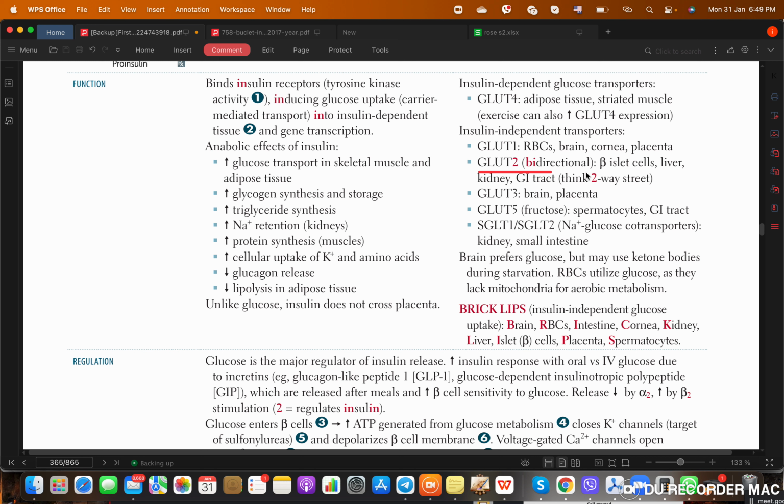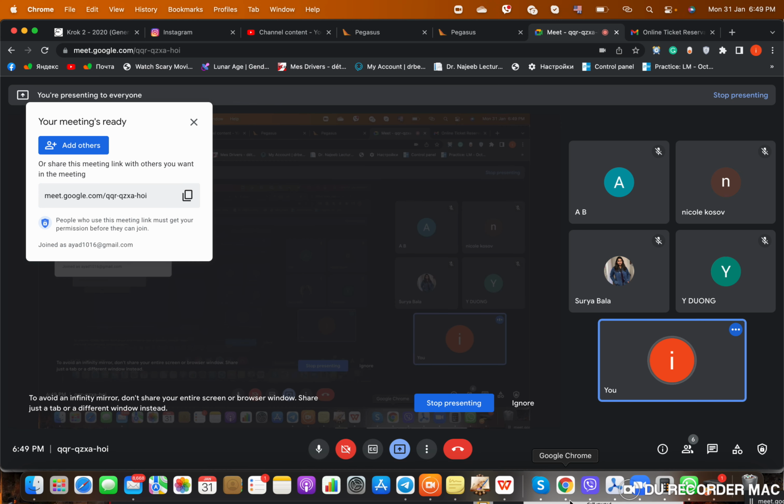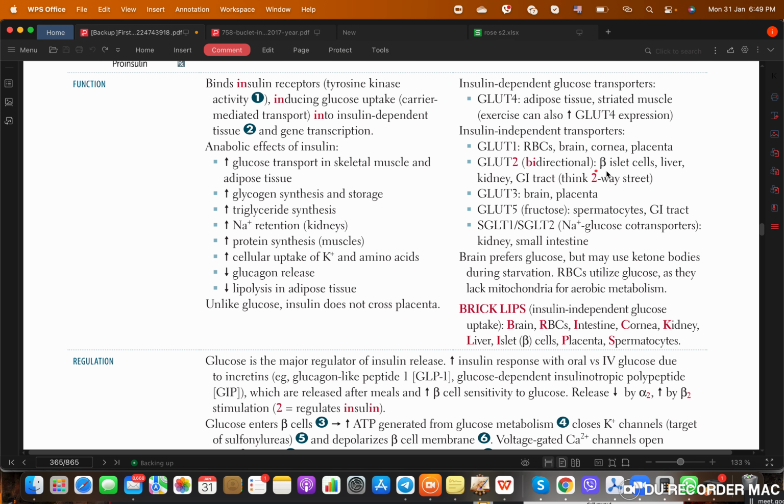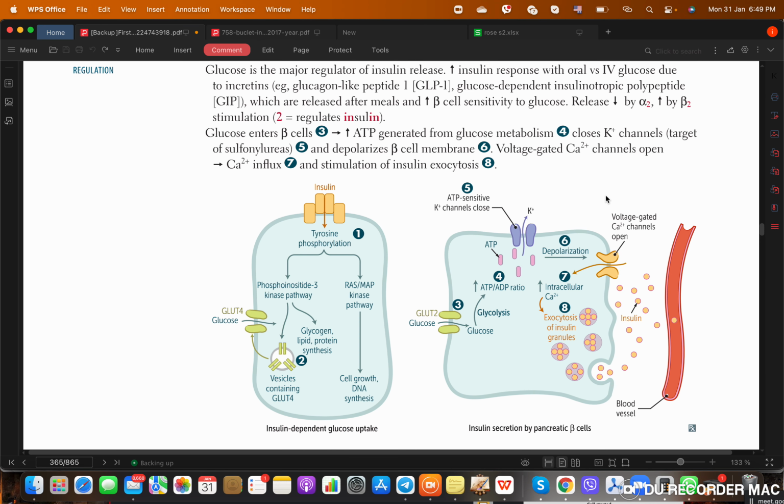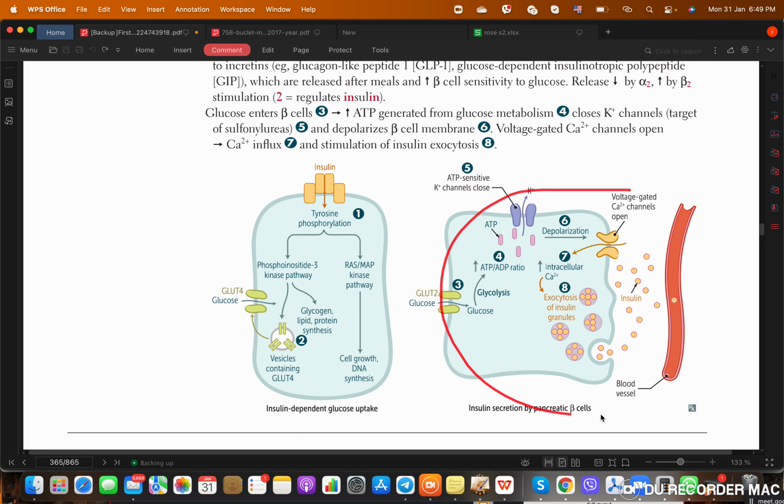And the GLUT2, it goes 2 ways. It exists in the beta islet cell. It's bidirectional. What does that mean? Well, it can move the substances as follows. Actually, I need to find a picture of that. 1 second. I think it's here. Yep. Okay.